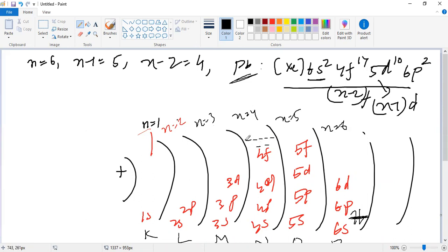So you can fill 14 electrons. Then 10 electrons go into the 5d, 1 to 10. And then, my dear students, the 2 electrons go into the 6p. So this is how the electrons are filled.